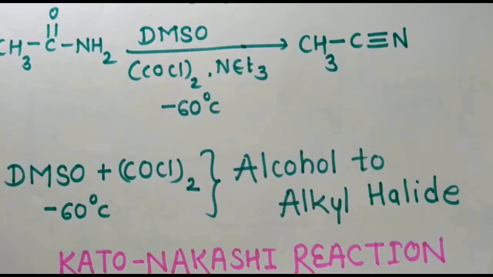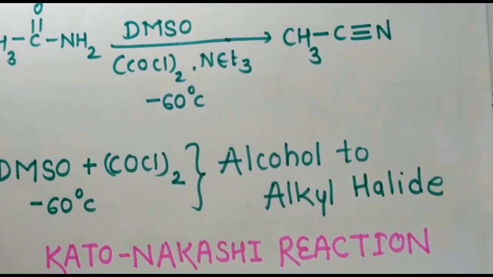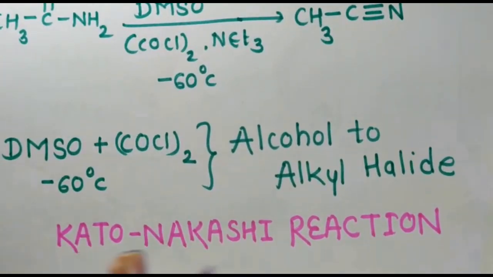Remember that when the triethylamine is absent, the alcohol is converted to the alkyl halide, and this reaction is known as the Kato-Nakashi reaction. And when dimethyl sulfoxide, oxalyl chloride and triethylamine are present, but the temperature is above minus 60 degrees Celsius, the Pummerer rearrangement will be carried out in the Swern oxidation.